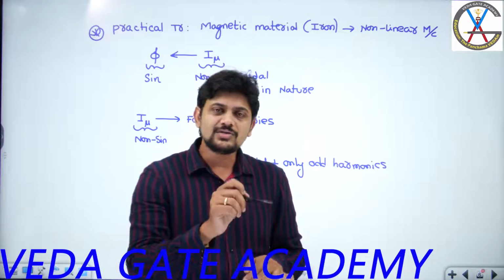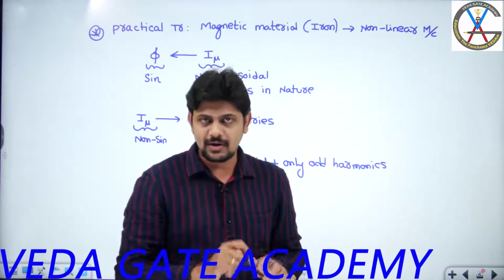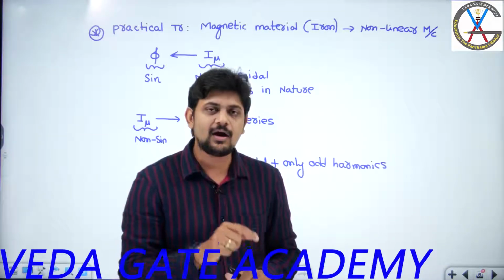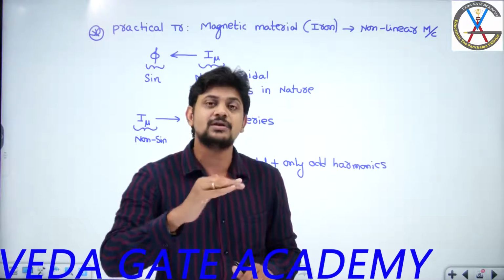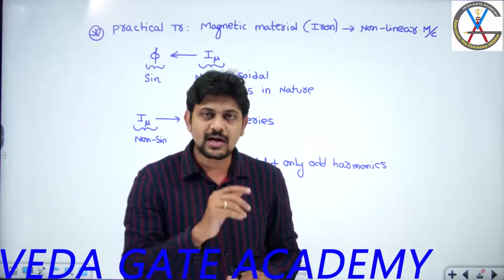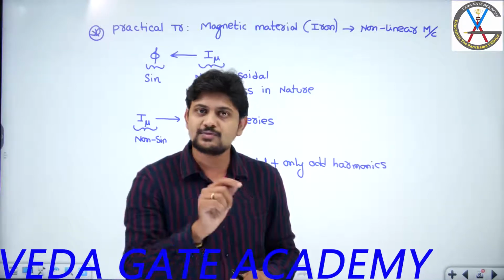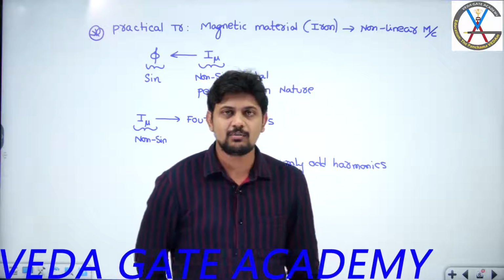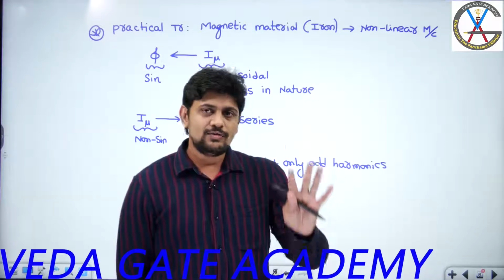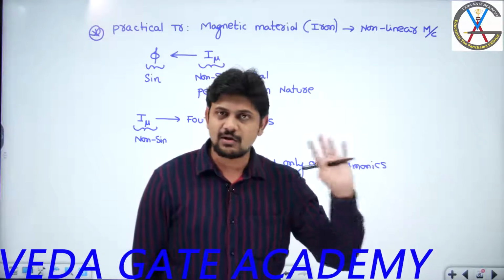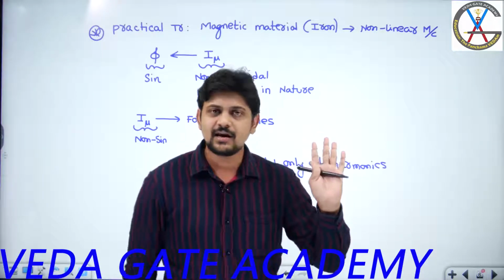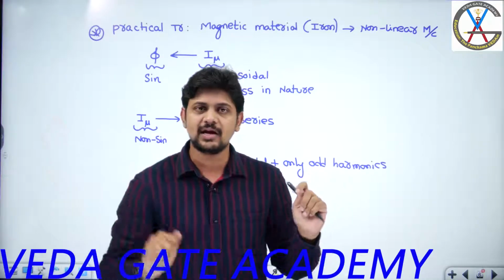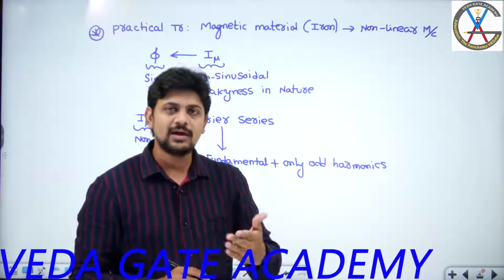Whereas if the non-sinusoidal waveform is non-symmetric, then apart from the fundamental, it contains only even harmonics. So first, it should be a non-sinusoidal waveform, and second, if it is symmetric it contains odd harmonics; if it is non-symmetric it contains even harmonics.